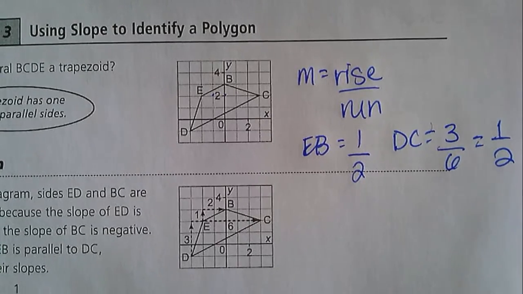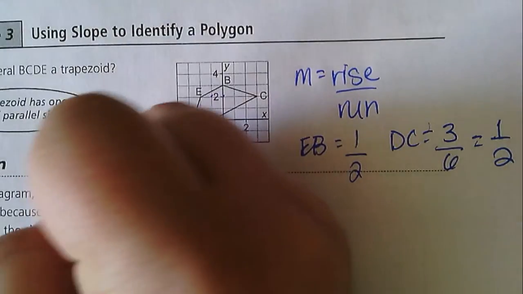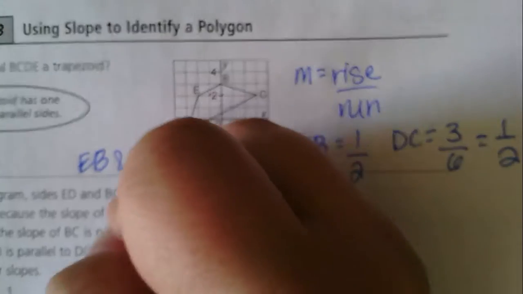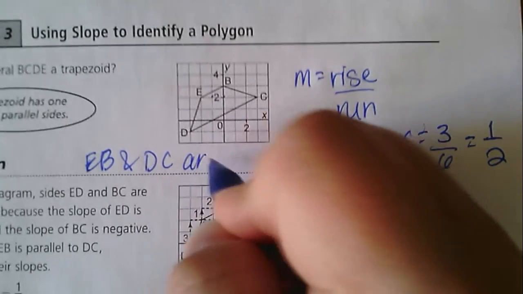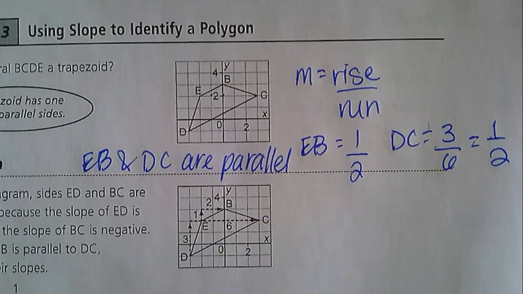So are these two lines parallel? Well, their slopes are the same. That means that EB and DC are parallel. So yes, this is a trapezoid because it has one pair of parallel lines.